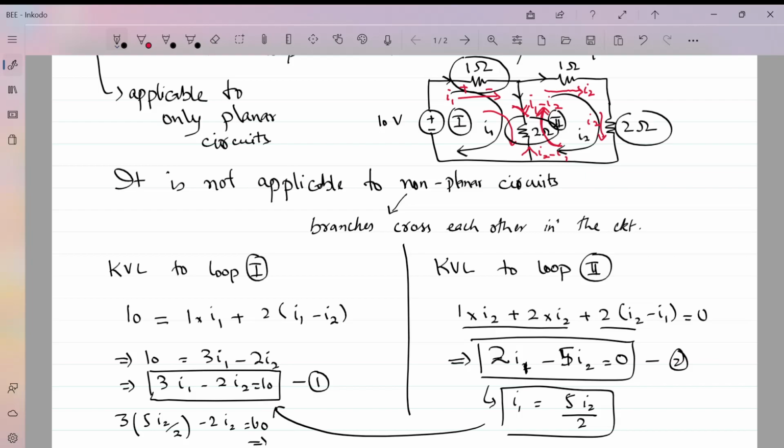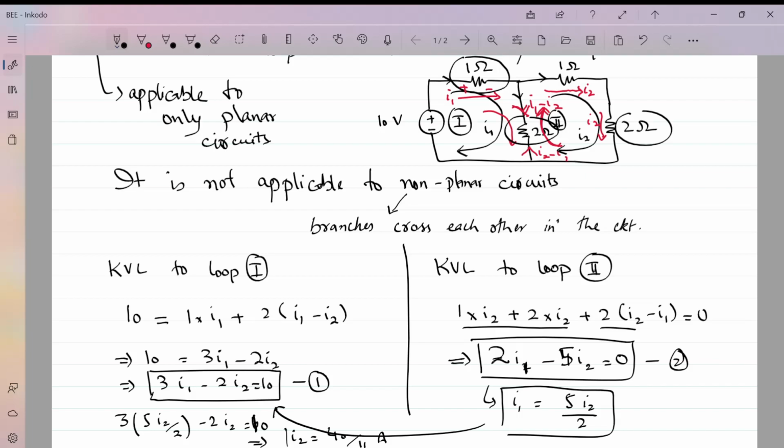which implies 15 minus 4, 11 by 2 I2 is equal to 10. So I2 is equal to 20 by 11.